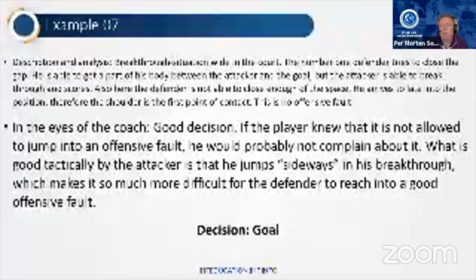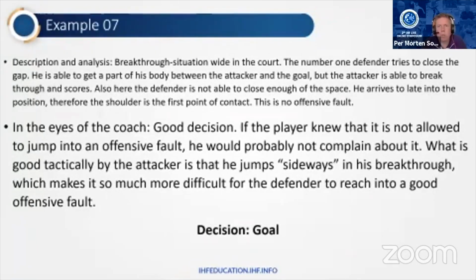Which is also a very good decision, because like you've seen here, the defender moves or jumps into the situation from the side and doesn't create any big effect, so this is nothing for punishment. But it's for sure no offensive fault, because he's not able to close enough of the space in front of him, and therefore the shoulder part also becomes the first point of contact.